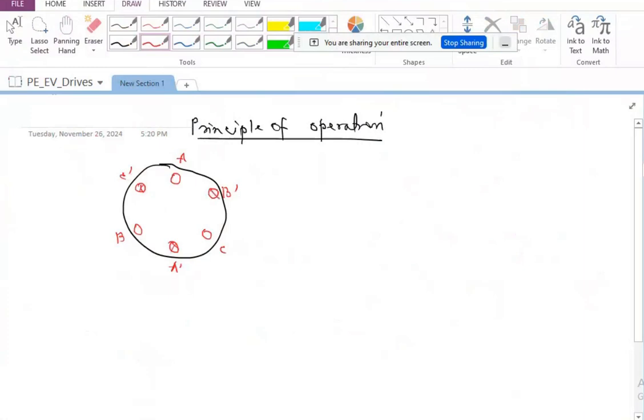Because of this we are going to create a revolving magnetic field. And if I have the magnet, which is something like this, let us say this is North Pole and this is South Pole, and your revolving magnetic field has North Pole somewhere here and South Pole somewhere here, the North Pole of the rotor is going to be attracted towards the South Pole created by the stator winding current.